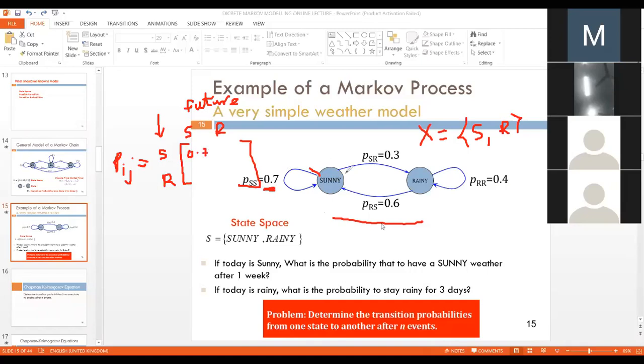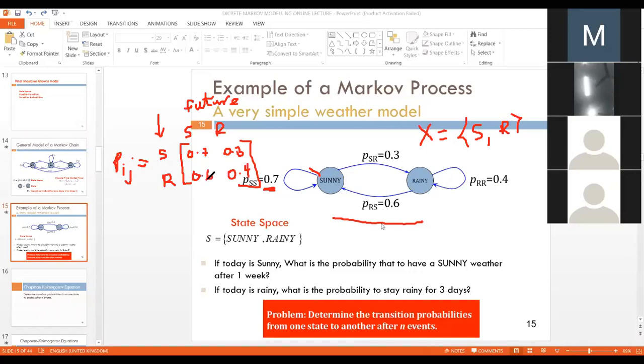Then again, from a sunny day to a rainy day will be what? 0.3. Then when it comes to a rainy day back to a rainy day, it is 0.4, whereas from a rainy day to a sunny day is what?